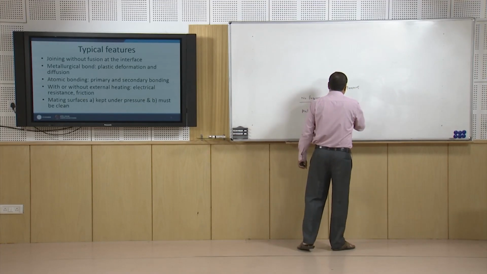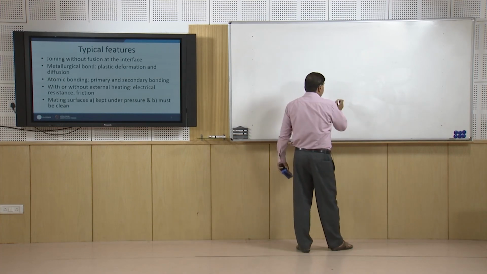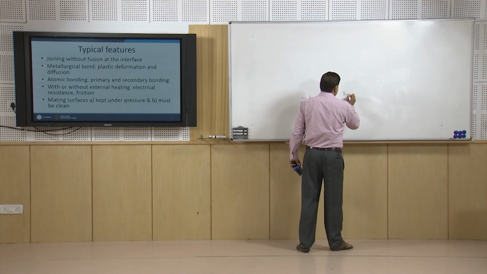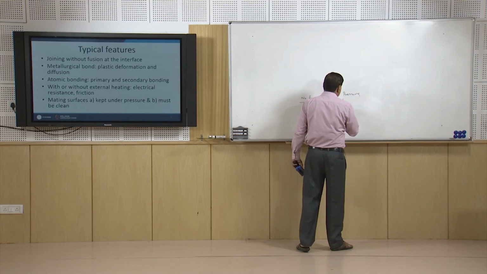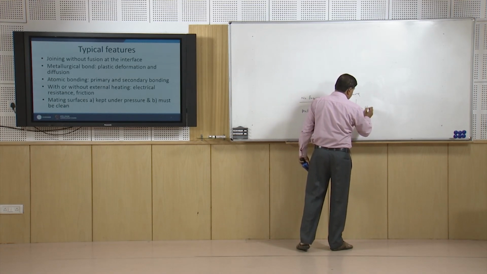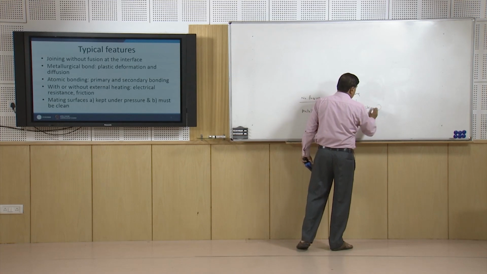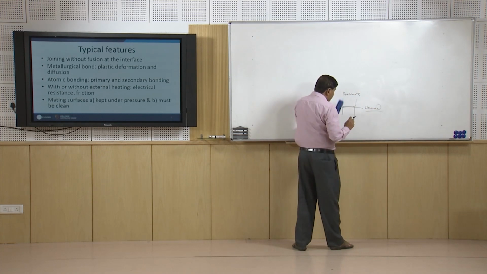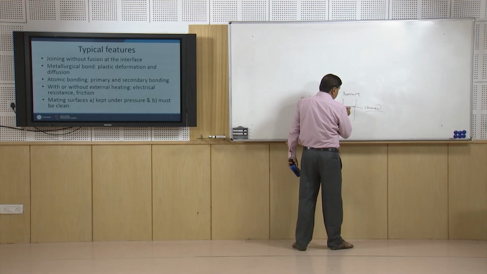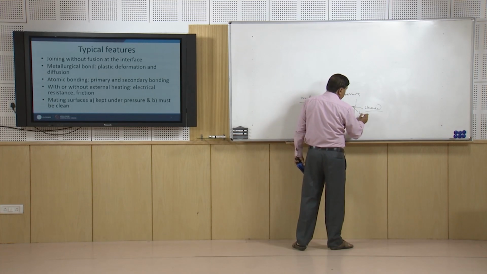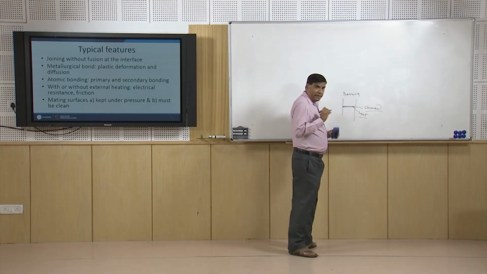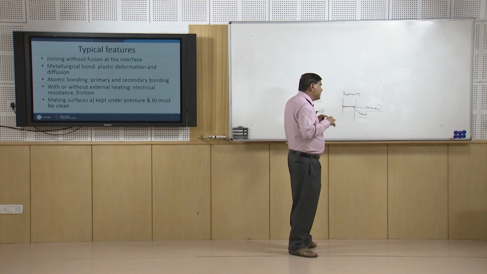That is why pressure is applied, so that the things can really come close to each other. These must be cleaned, and to facilitate this metal to metal contact, heat is applied.